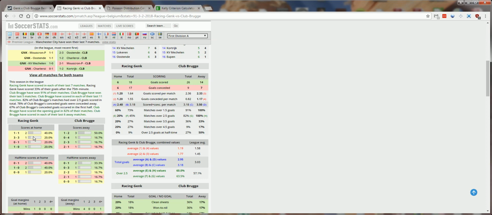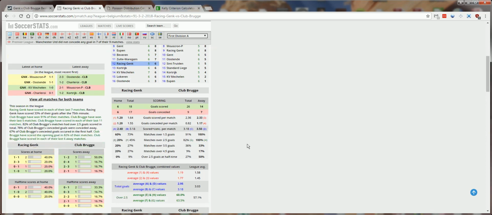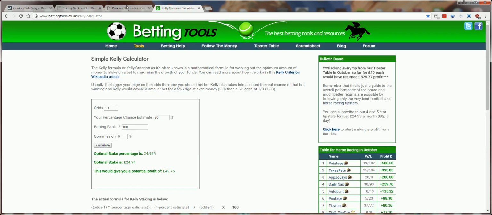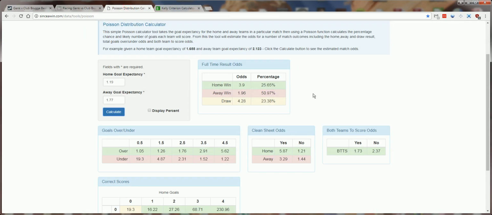So because of all these draws, I'm going to go draw no bet. If you want to, you could go double chance, so that at least you get paid out if it is a draw. Obviously you get slightly lower odds, but that's really your choice. But that looks to me a really good bet, draw no bet, double chance on Club Bruges there with those figures.